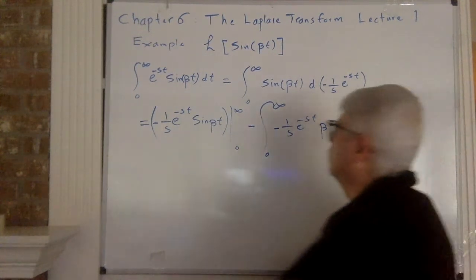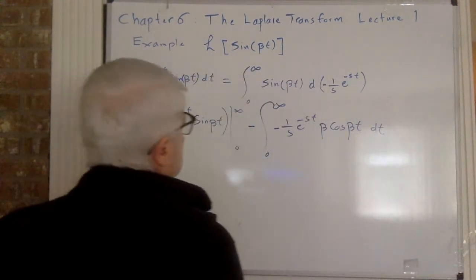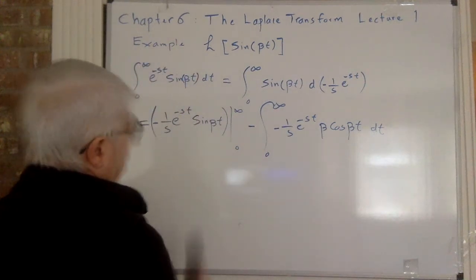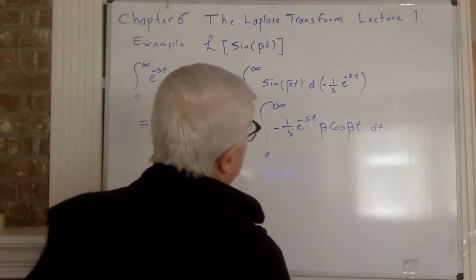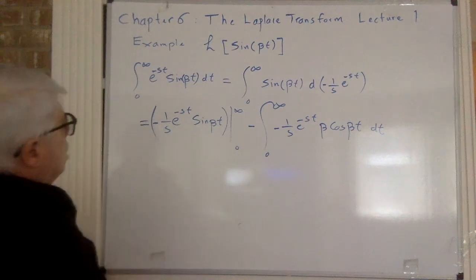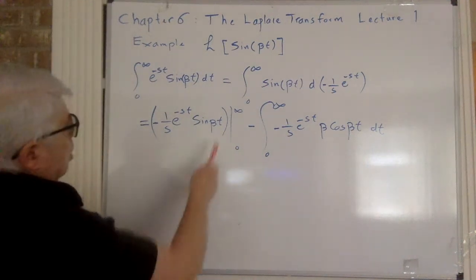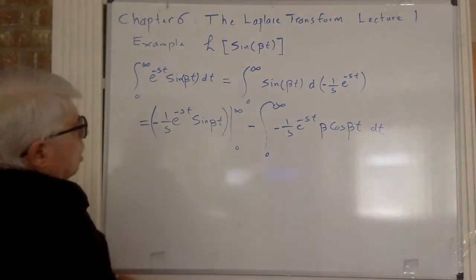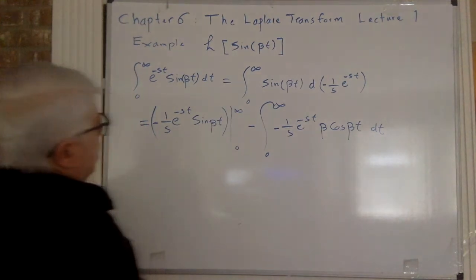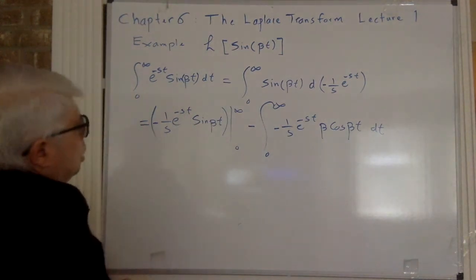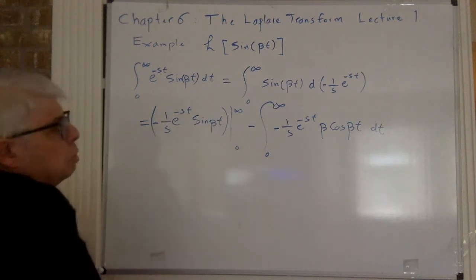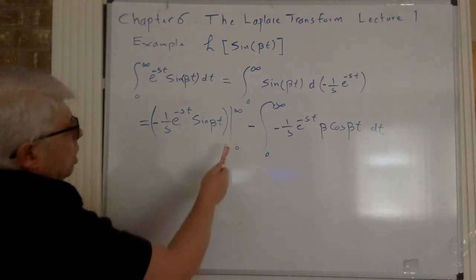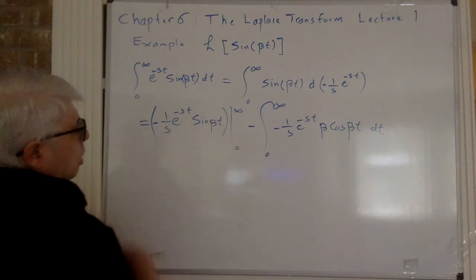Let's say this one for infinity, that's minus st. Well, s is positive, and that will give me, that's for t. So that's minus infinity, and that's 0. This is a number between -1 and 1, so that's 0. And at this end, sine of 0 is 0.